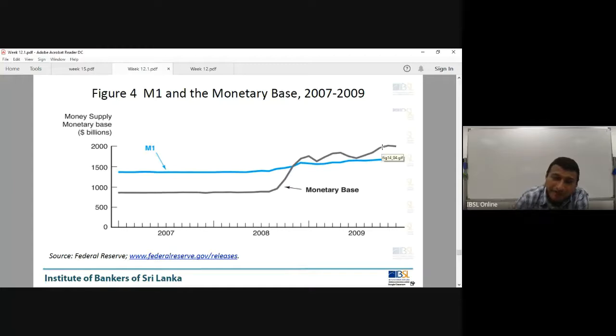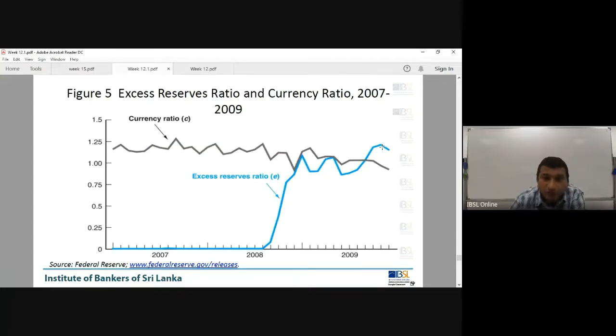So it's a very, very interesting recognition why these excess reserves, which were almost zero, have basically hit the roof here.